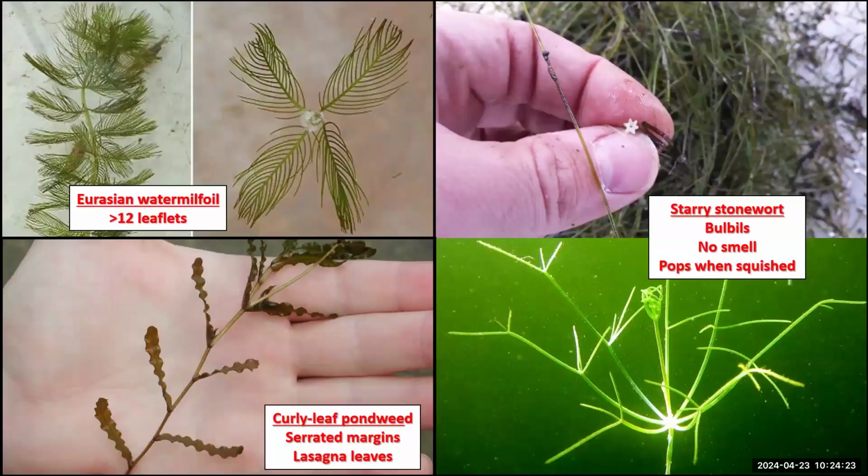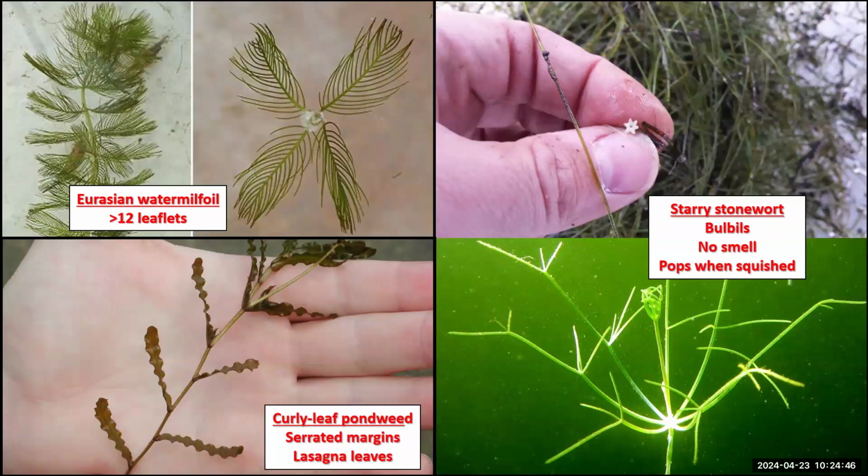And I just want to hammer this home. These are the three most common AIS that I see doing my lake sampling. The top left, Eurasian water milfoil, leaves in whorls of 4, greater than 12 leaflets per leaf. On the bottom left, curly leaf pondweed. The leaves look like lasagna.